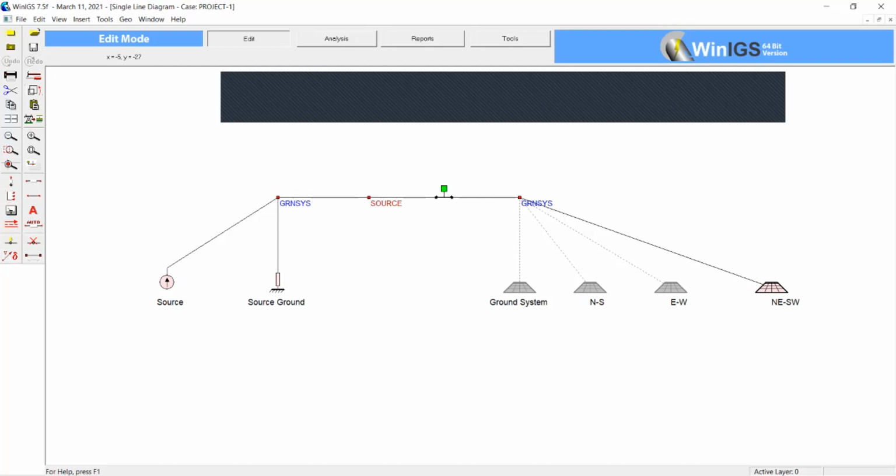Okay, Ranbir, yeah, I am repeating. So you have a soil model for north south traverse data, and for this data you have top layer soil resistivity, bottom layer soil resistivity, and height. And the same thing you have for east west, and the same thing you have for northeast southwest.